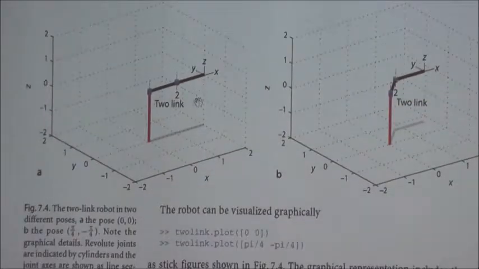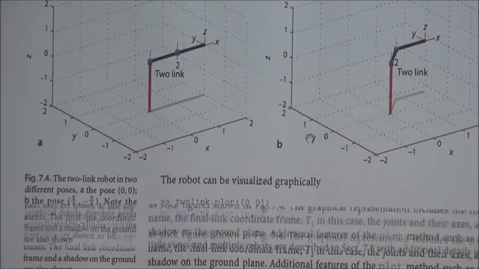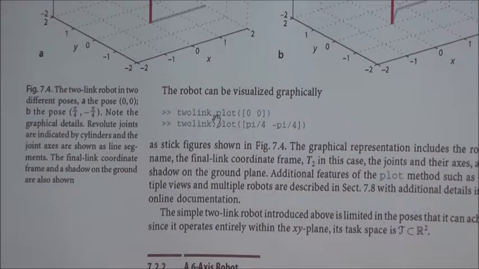Okay, and then you can see it right here in 3 dimensions on the toolbox. This is the home location, the base of the tooling robot. And then when you have a pi over 4 and a minus pi over 4, it looks like this. Okay? And it even shows you a shadow of the robot on the floor. So you just say tooling plot, and it plots this for you. Tooling plot, pi over 4 and minus pi over 4 and so forth.